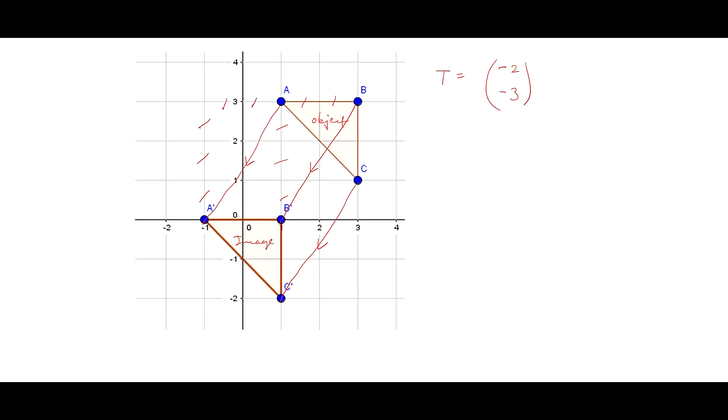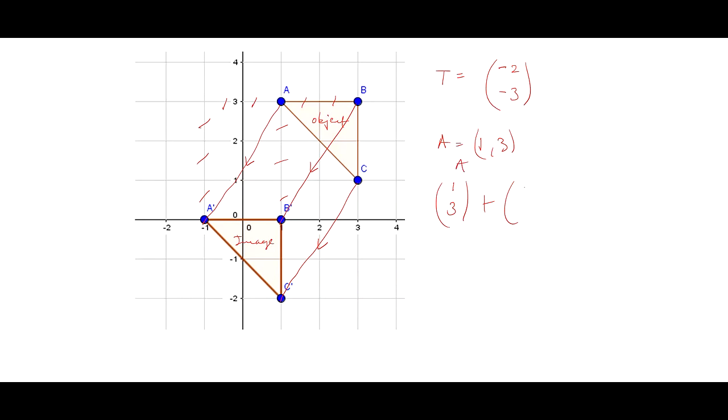Okay, so if we are given the coordinates of A as 1, 3 in this case, and we are asked to find A prime, which is the image under the translation, then we write A as 1, 3, and we're going to add it to what T is.